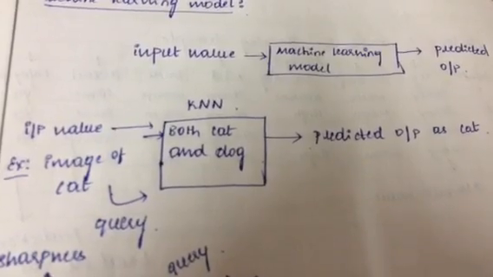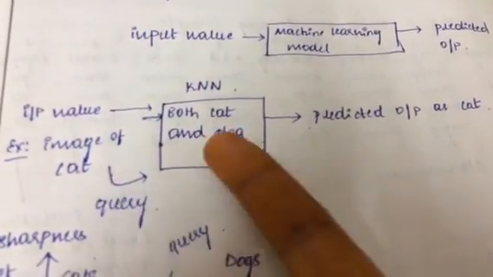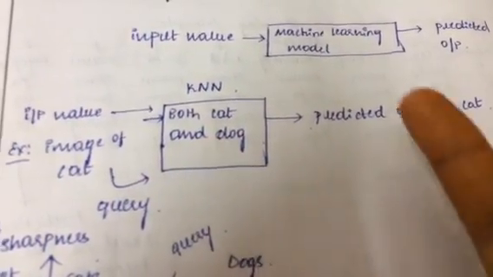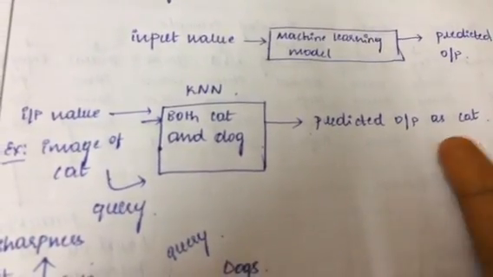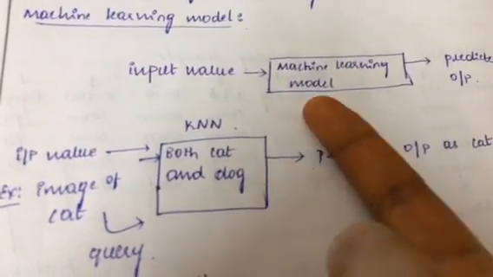The example I have taken here is a new query, that is an instance, an image of a cat, and it is going to compare it based on feature similarity in KNN, and predict the output as cat or dog.